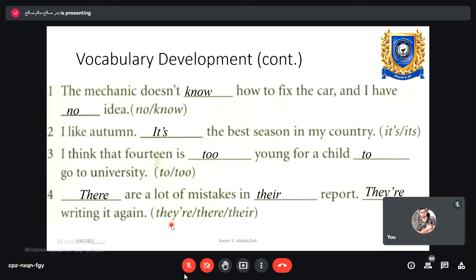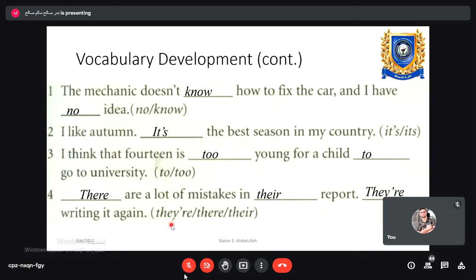Another example on homophones is see and sea. See is a verb, in Arabic يرى, and sea is a noun, in Arabic بحر.